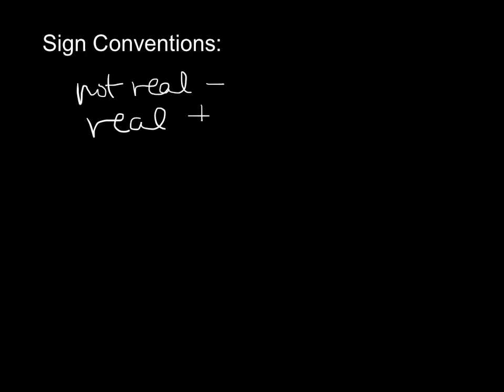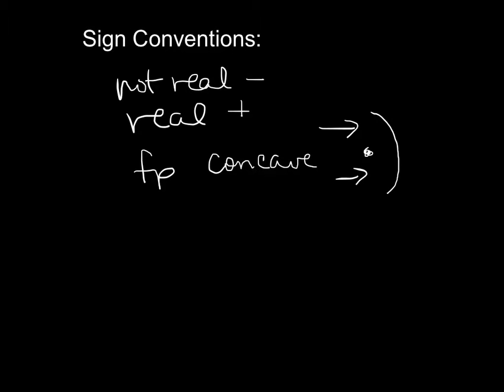So what does that mean? That means our focal point for a concave mirror. A concave mirror has the focal point outside the mirror, because here's our concave mirror and our focal point's here, and the light's coming in this way. So the light will come in and bounce off this and through our focal point, so the focal point is really on that side.